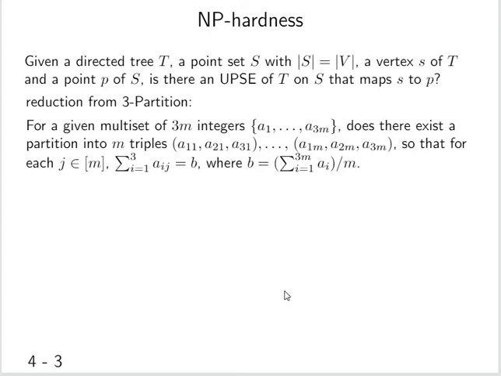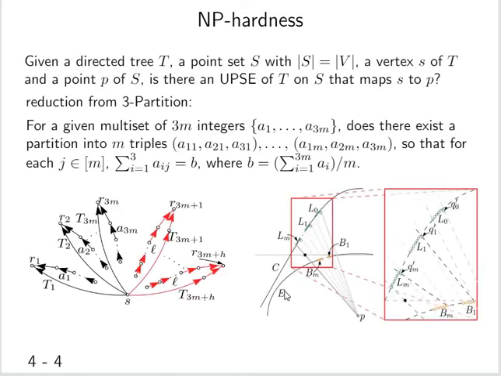Three partition is the following problem. We have a multiset of 3m integers. The question is whether there exists a partition into m tuples of size 3, so that for each tuple, if we sum up the numbers, we get the same number, b. Okay, and here is our reduction. We are given an instance of the three partition problem, and we build a tree this way.